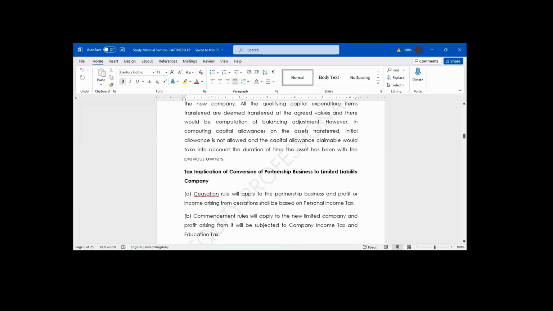Personal income tax. Cessation rule will apply to the partnership business, and profit arising from cessation will be based on personal income tax.